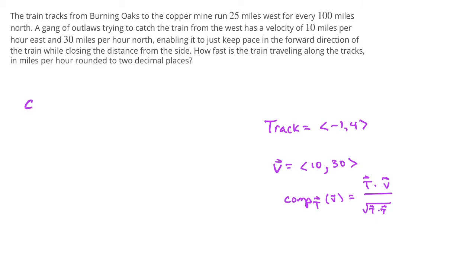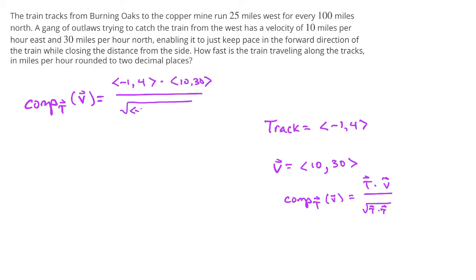Making our computation, the component in the direction of the track of our velocity vector v is going to be the dot product of negative 1, 4 with our velocity vector 10, 30, divided by the square root of the vector negative 1, 4 dotted with itself.